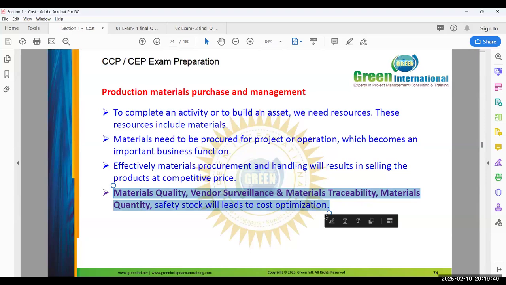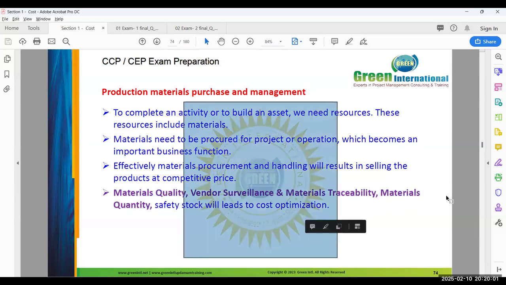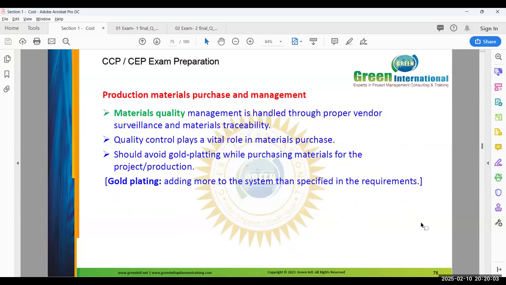What are the things you need to consider while doing the material procurement? Material quality, vendor surveillance, material traceability, material quantity. You should memorize this in chronological order. This is very important. You will get the question from this. This theory, you just read it.